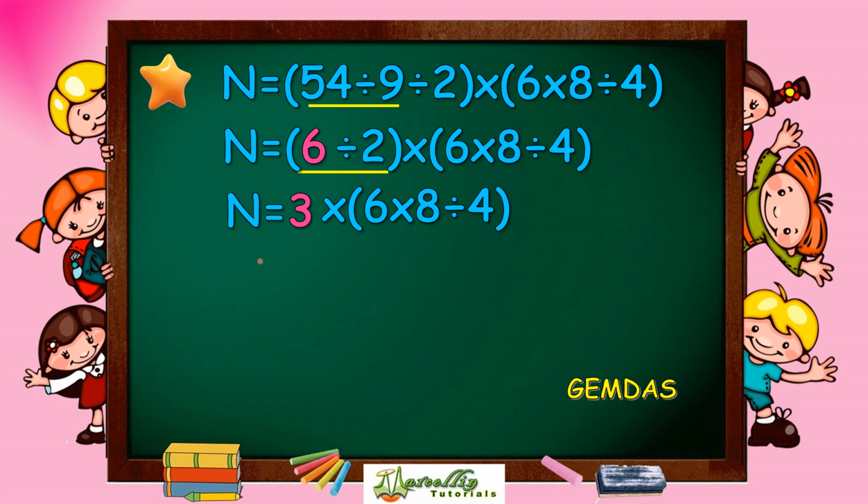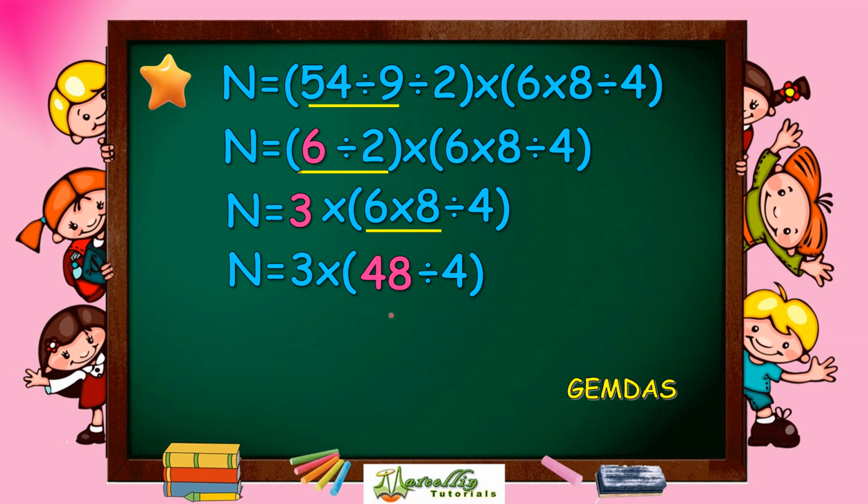Since we are done with the first group, let's go to the second group. We have multiplication and division. Let's apply the left to right rule. Let's multiply 6 times 8. Let's copy first the numbers on the left, which is 3 times. Then 6 times 8 is 48. Let's divide it by 4.